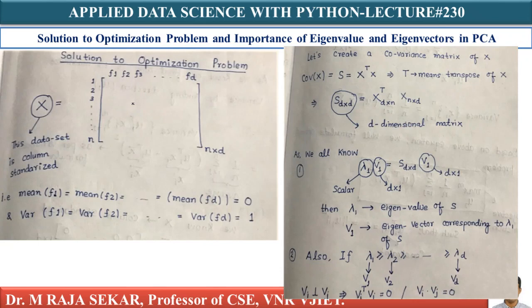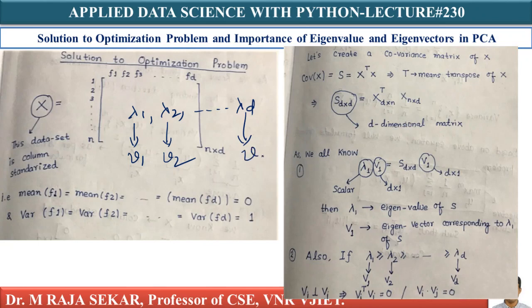How to calculate these eigenvalues and eigenvectors I will discuss. For the time being, understand that here you have eigenvalues lambda 1, lambda 2, and so on, up to lambda D. What are the corresponding eigenvectors? V1 is an eigenvector corresponding to lambda 1 of matrix S. In a similar manner, V2 is the eigenvector corresponding to eigenvalue lambda 2 of matrix S, the covariance matrix.